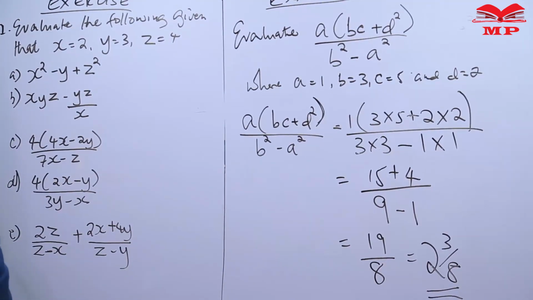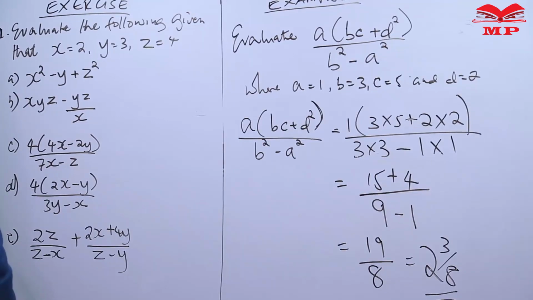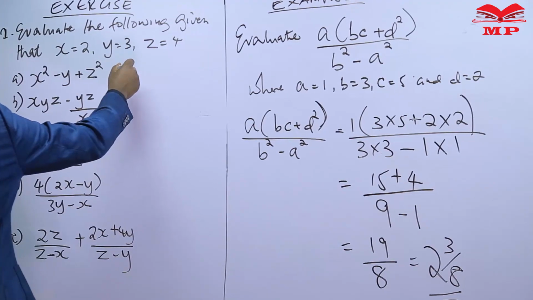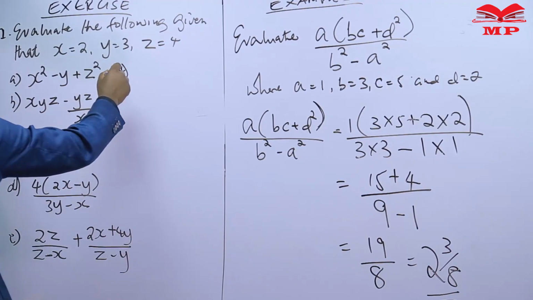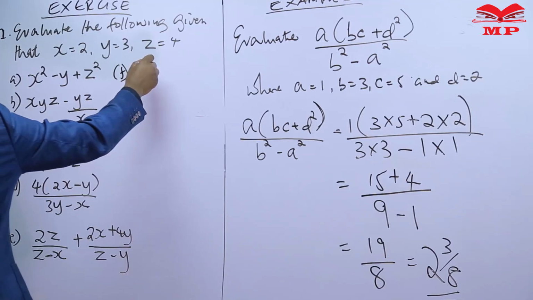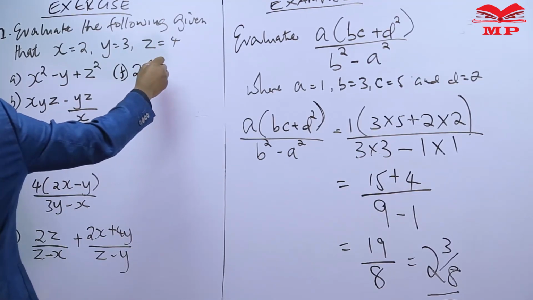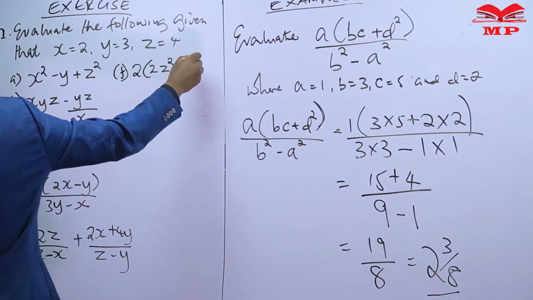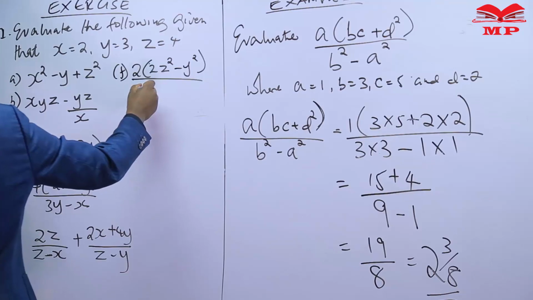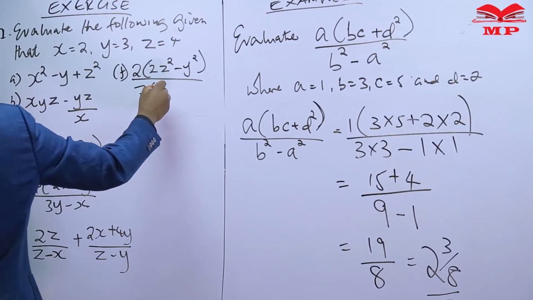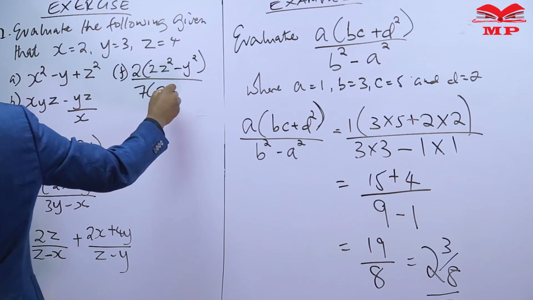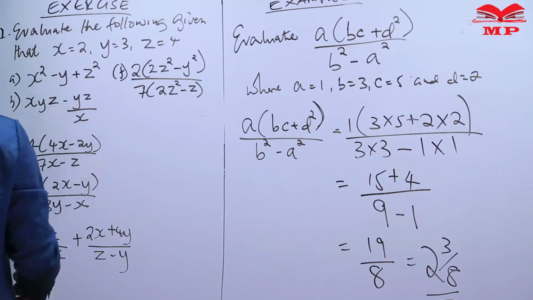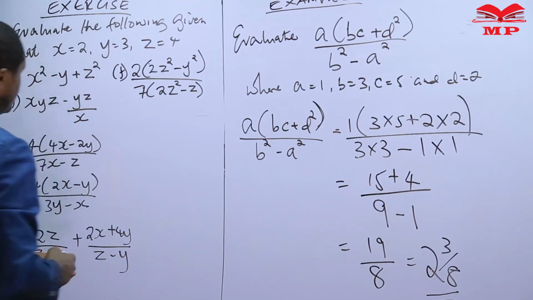Then lastly, F: 2 into 2z squared minus y squared over 7 into 2z squared minus z. So that is your assignment.